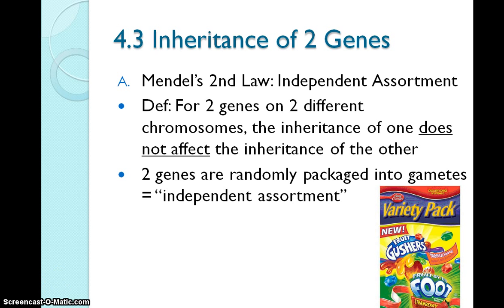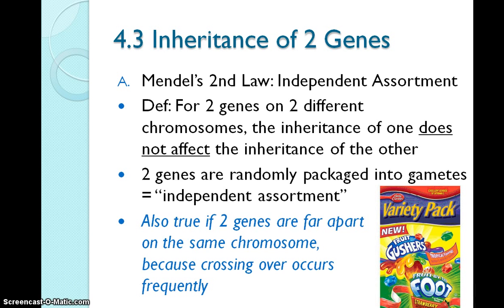It's kind of like when you make a variety pack of fun fruits. Basically, all the flavors get split up randomly. You have an assorted pack or a variety pack. And this is true with chromosomes as they split up into the gametes as well. You get a random assortment or an independent assortment of genes. One gene does not affect another gene.